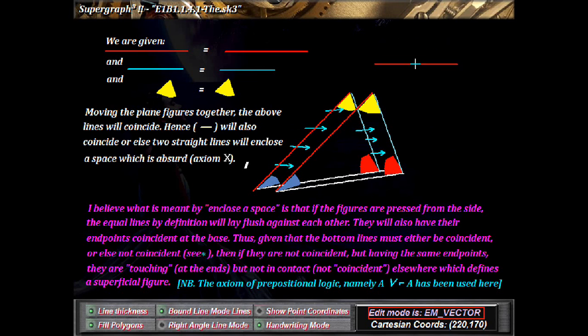Now they coincide. You see what I mean? That's what coincide means. And the assertion here is that they will coincide. In fact, they will, because the inclination is the same, and the length is the same, and everything's the same, so therefore they will coincide when we press these two together. And in fact, the word press, I think, is used.